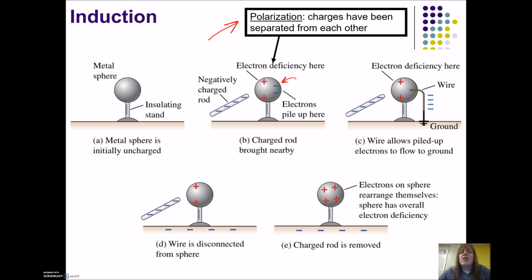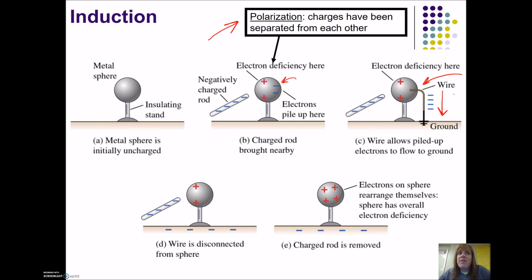Now, right now, they can't go anywhere. As long as I don't touch that metal sphere, and I keep that negative rod there, I'm going to keep this polarization. But if I stick a grounding wire to this sphere, what's going to happen is now the electrons have a path to get away, right? They're feeling the force of repulsion from that negatively charged rod, and if there's a way to escape, they're going to go running. So they go down into the ground.